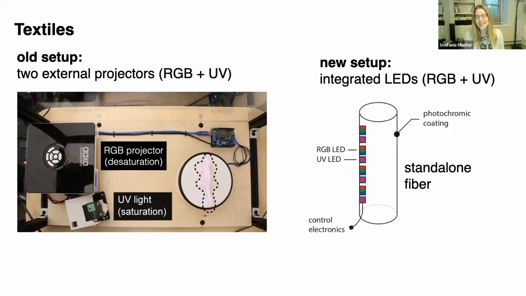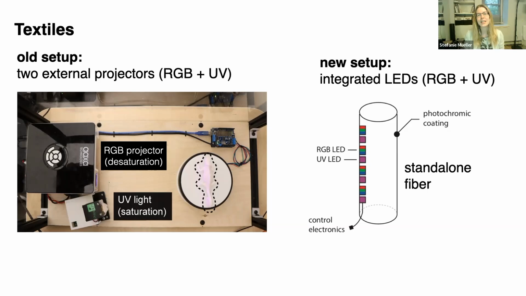What we are doing instead now is trying to develop a fiber which has all of the light sources already integrated. So there's no need for projectors anymore. You see this on the right side. We have this fiber and we integrate really tiny, less than 1 millimeter LEDs, where we have the RGB LEDs integrated into the fiber, which is basically replacing the RGB projector.